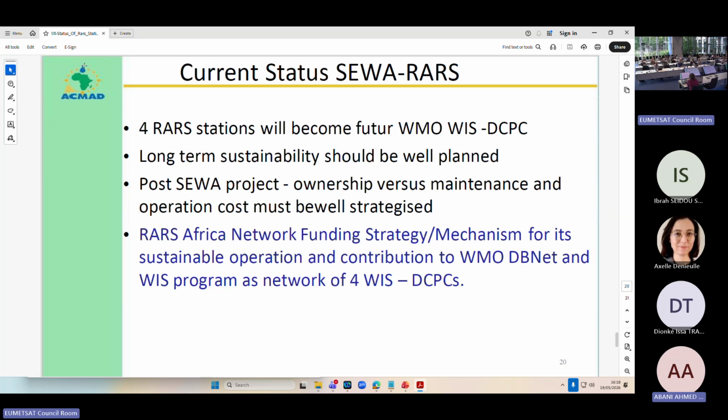The approach of the project is facilitating each host site to be part of the WIS program. They are making the necessary formalities, and also contributing to DBNet as DCPCs, data collection and processing centers. So at the end, we are seeing the network of the four RARS stations in Africa also becoming DCPCs. Thank you very much.